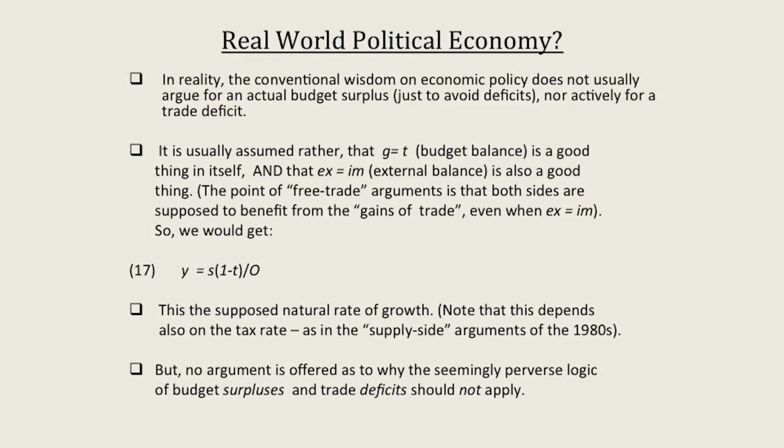So what usually happens is that you simply say that what we're aiming for is budget balance, and external balance, in which case those two final terms drop out, and all you're left with is the supposed natural rate of growth, which is just Harrod's growth rate, interpreted now in a classical way.